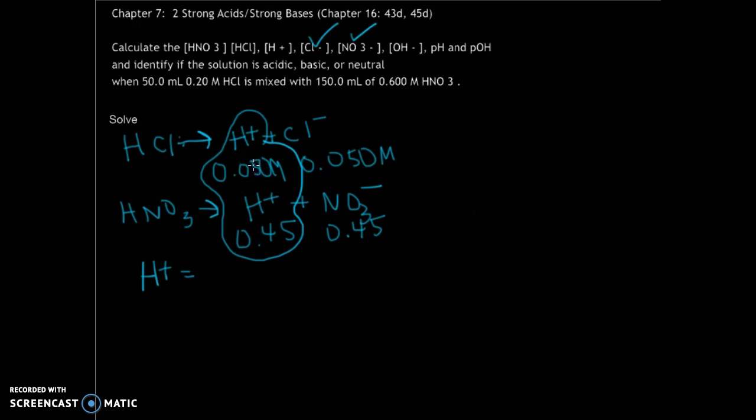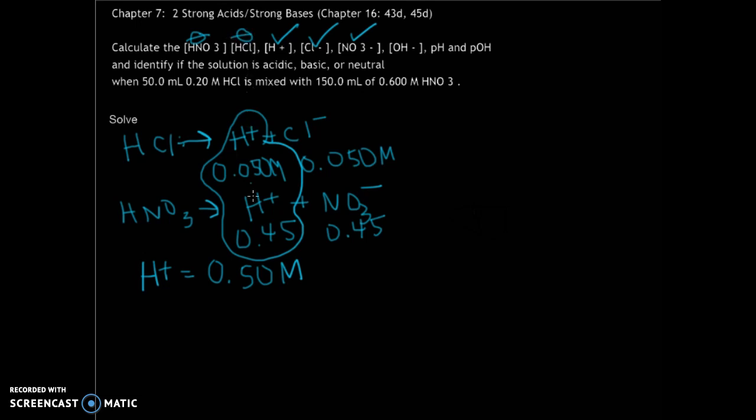This much is coming from HCl, this much is coming from HNO3, so the sum of that is 0.50 molar hydrogen ion coming from the combination of both of those present in solution. So there's our hydrogen ion concentration. Now, how much HNO3 should you have? You shouldn't have any. It's strong. It 100% dissociates. You should only have ion form. How much HCl should you have? You shouldn't have any. It 100% dissociates because it's strong.